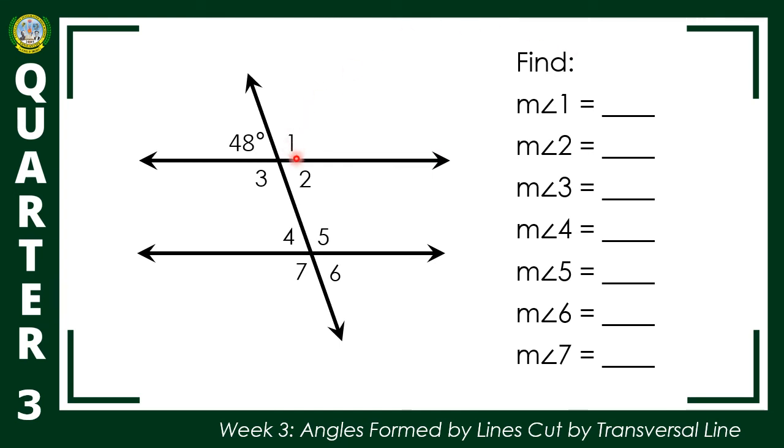As you can see, yung angle 1 po at yung given na angle, they form a linear pair. Okay? And since they form a linear pair, we will use the linear pair postulate, which states that they are supplementary. So, if they are supplementary, ang sum nila 180. Para makuha natin yung bubuo po sa 180, we will subtract 48 from 180.